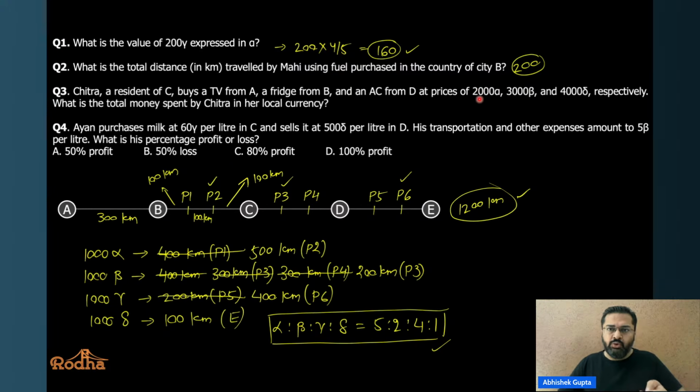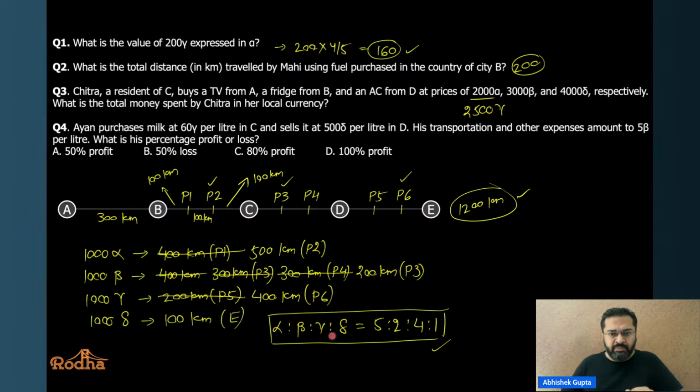So what would this become? 2000 into 5 by 4, which will give you 2500 gamma. Got this? This is 2000 alpha into 5 by 4, because alpha is the more valuable currency and you have to change it to Chitra's currency. Chitra's currency here is gamma.